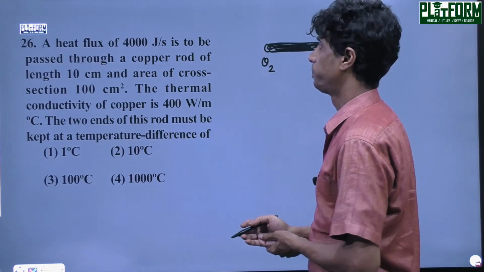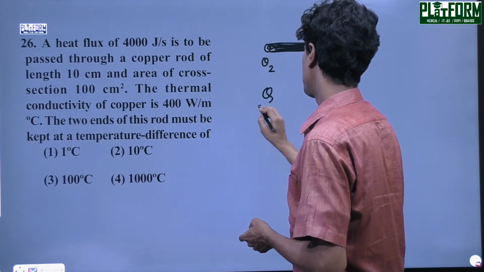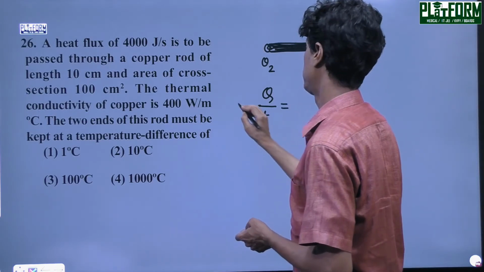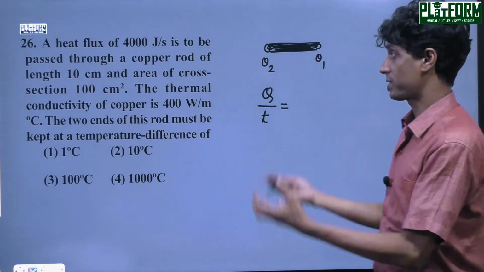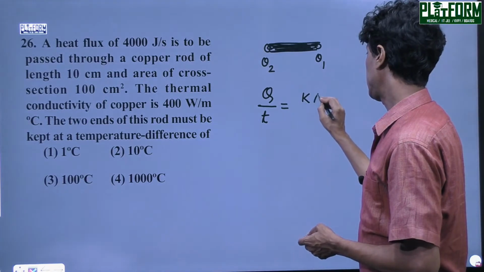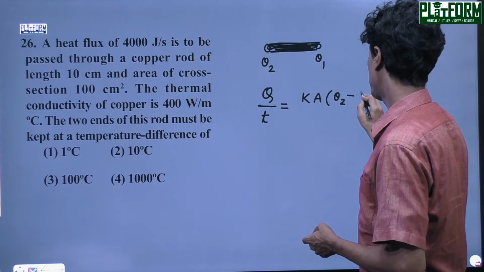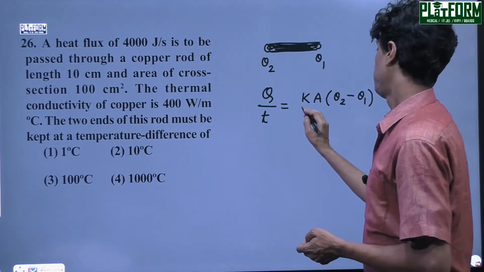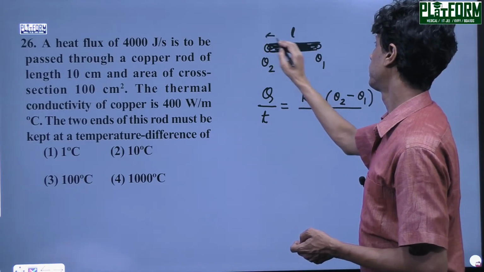So we know Q by t, it is the heat flux, that is the amount of heat flowing per second, is equal to KA (theta 2 minus theta 1) by the length of the conductor.